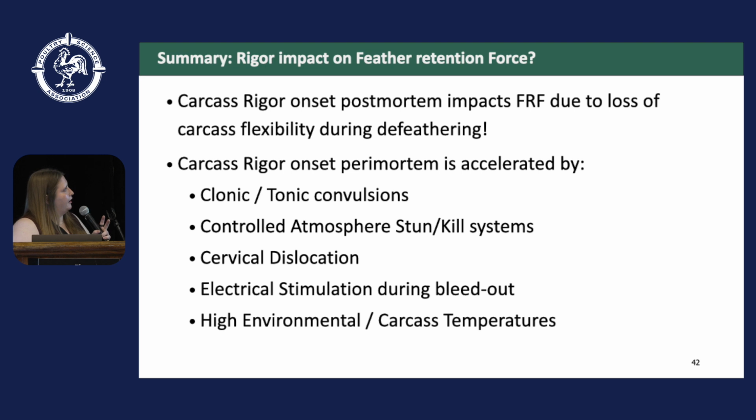Cervical dislocation can impact how fast the carcass is going to rigor. Electrical stimulation, which has become a lot more used in the plants, can also impact the length of time that it takes for rigor to occur. And then again, what we found was environmental temperatures and carcass temperatures really do impact feather retention force.